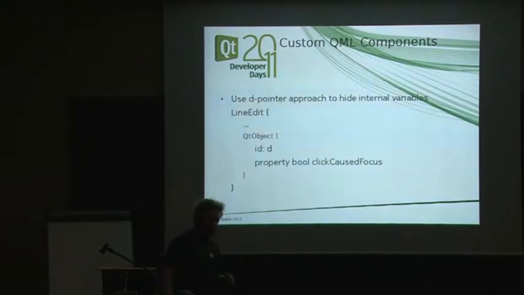Some of you maybe know the Qt C++ internal code. We use a thing called dpointer, private pointer, or however it's called officially, I have no idea. It's basically more or less the same thing here. You can just create a QtObject as your child and name it d or whatever, and put all the properties there that you don't want somebody using your component to access.